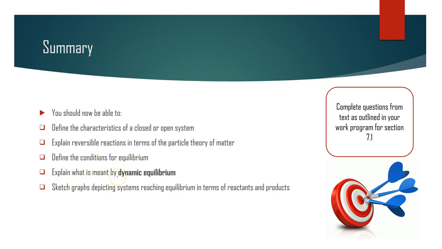Explain what is meant by dynamic equilibrium. That is something that you really need to be able to put into your own words, well structured for a test or exam response. And then sketch graphs depicting systems reaching equilibrium in terms of reactants or products. So remembering when they're going to plateau and identifying that as T for equilibrium.